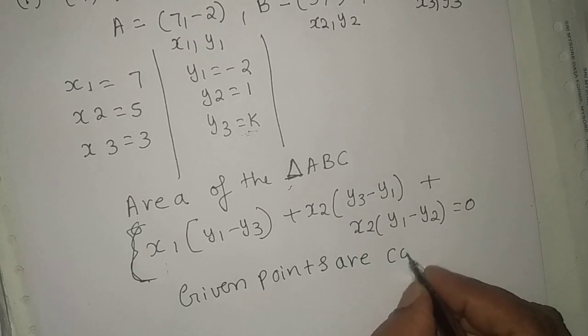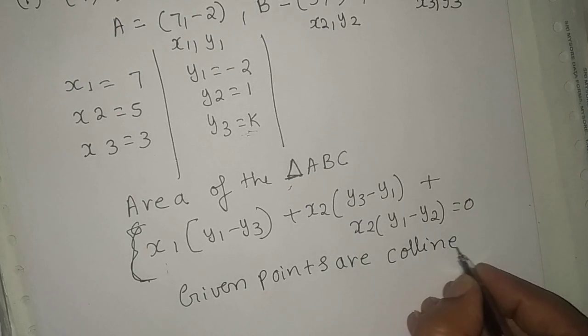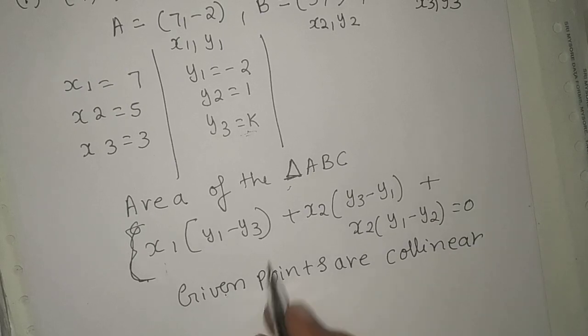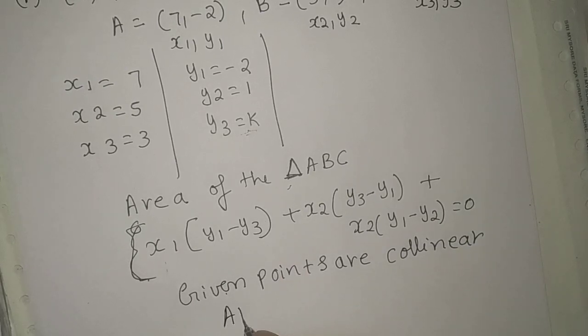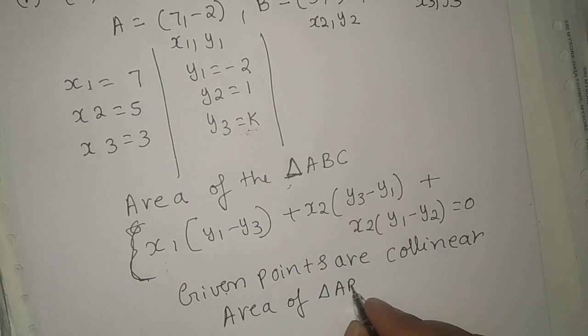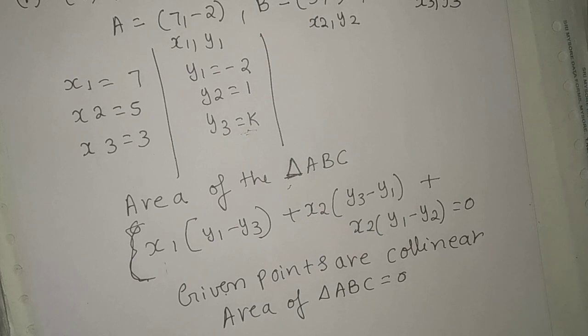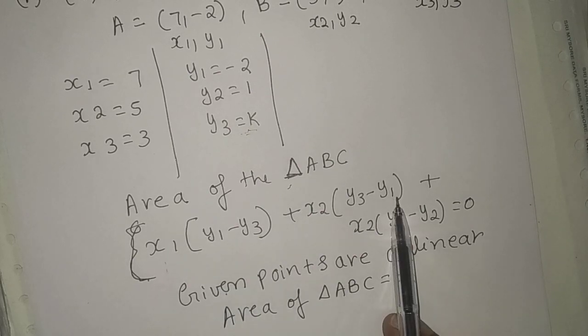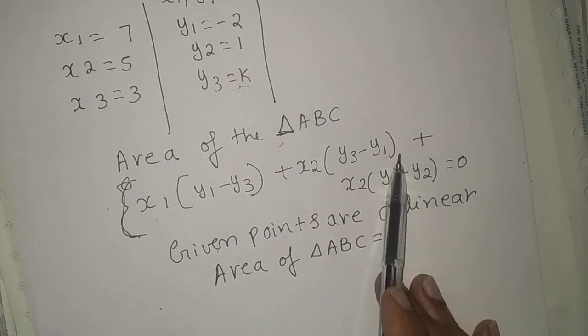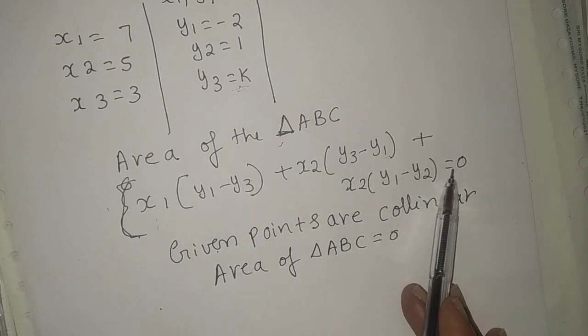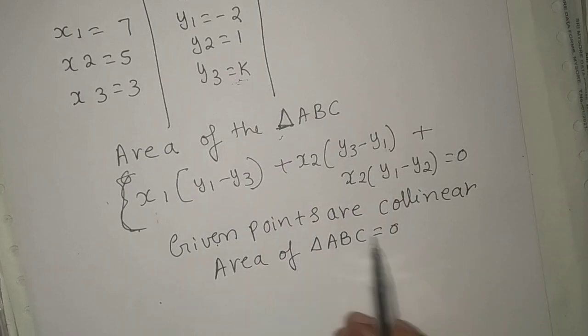So the area of the triangle ABC will be 0. Since the given points are collinear, we have to take this formula. When all the points are on the same line, this is equal to 0. After this, substitute the values.